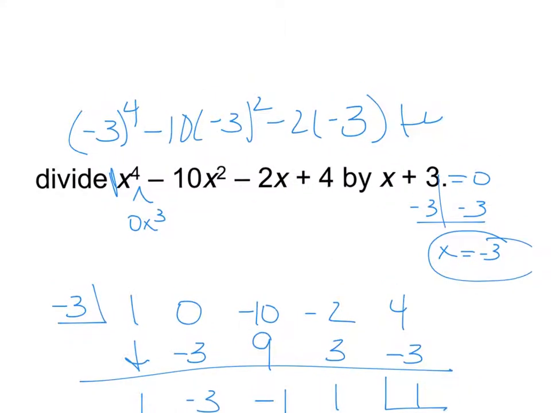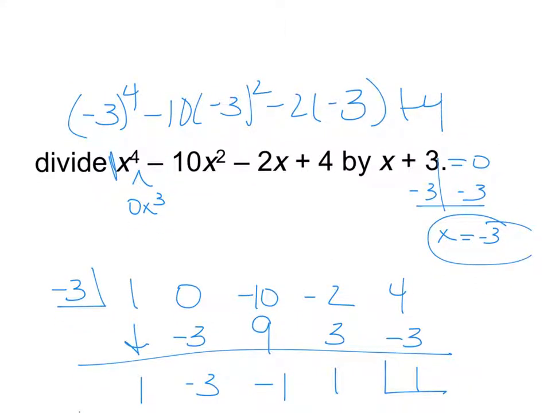As long as you put in the correct parentheses and the correct exponents, you will end up getting that 1 value which matches the remainder, and that's the remainder theorem. If you plug in that value opposite of the sign that is here, you end up getting the remainder, and there's your check.